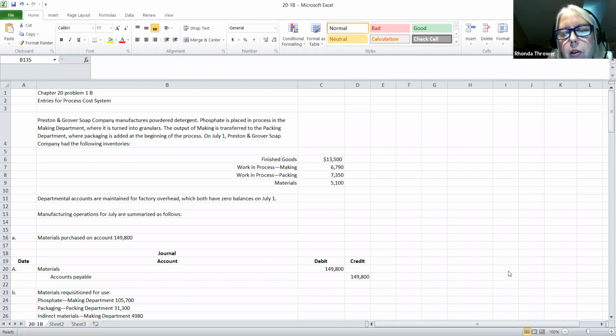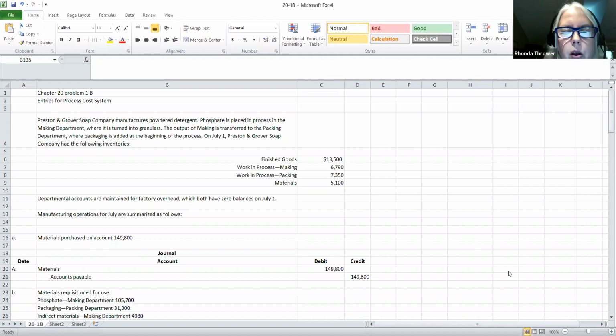In other words, in a metal manufacturing company, we would probably need to melt the metal and put it in some kind of molds and then form it. So the metal has to go through a process to be able to end up with a finished product. The same is true for your paper manufacturing. We would take the wood, the pulp wood, and put it through a process until it emerges as paper.